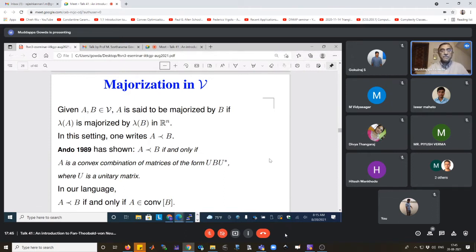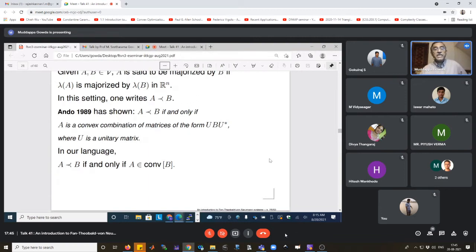Using our language, A is majorized by B if and only if A is in the convex hull of the lambda orbit of B. So whatever we had in R n is carried over to matrices. See the similarity here.